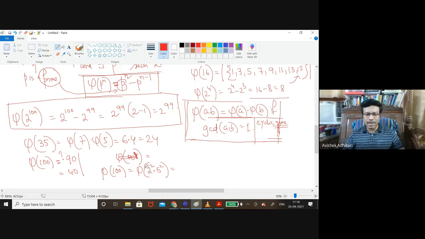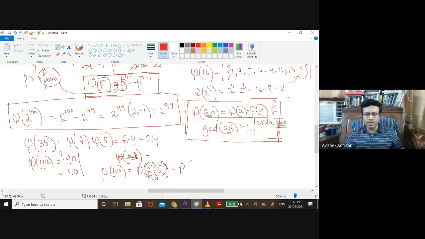So your a is this and your b is this. Look at this. a and b are relatively prime. I never told you that a and b are prime integers, but what I say is that GCD of a, b equal to 1. So here you see that this is 4 and this is 25. Their GCD is 1.